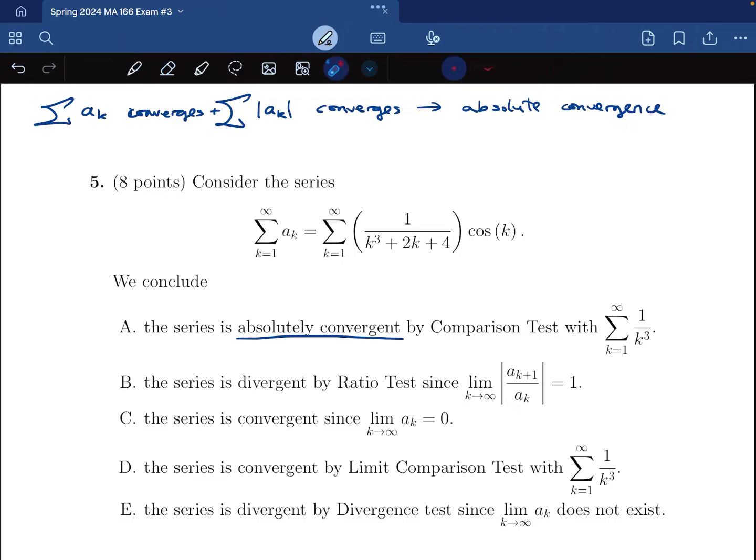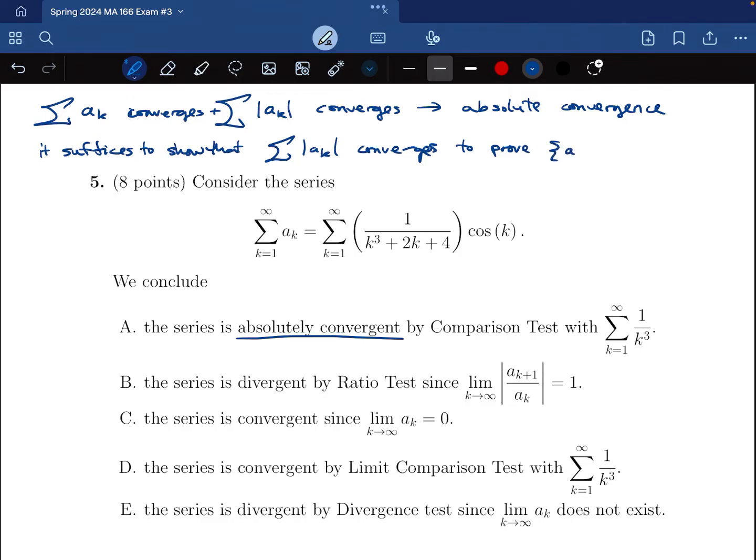And the second important fact here is that if the absolute value series converges, the original series must converge as well. So to show absolute convergence, it suffices to show that the series that consists of the absolute value of each term converges. So it suffices to show that this converges to prove our series a_k is convergent.